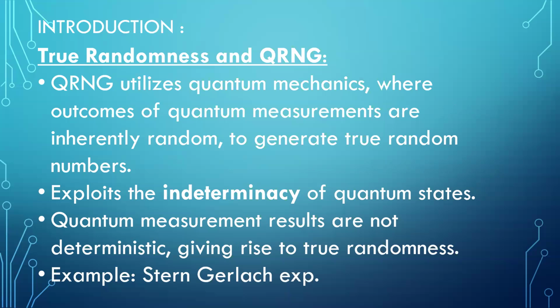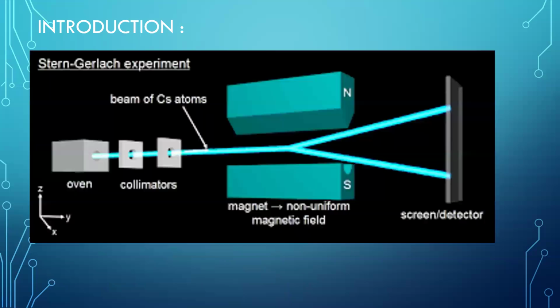As an example of quantum randomness, we can describe some experiments. One experiment is the Stern-Gerlach experiment. What is the Stern-Gerlach experiment? We have an oven, and in that oven we have a cesium atom. The atom is heated, and the particles travel through an inhomogeneous magnetic field.